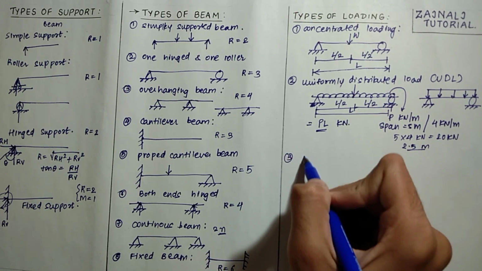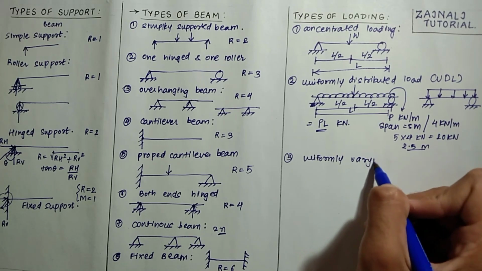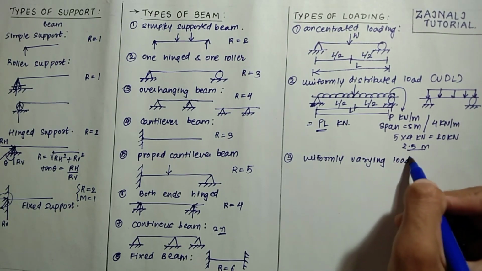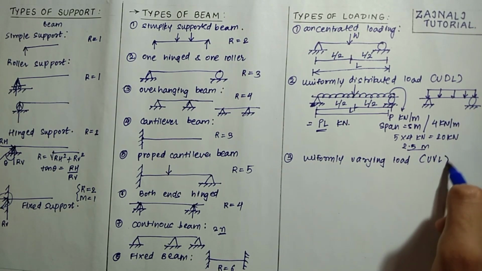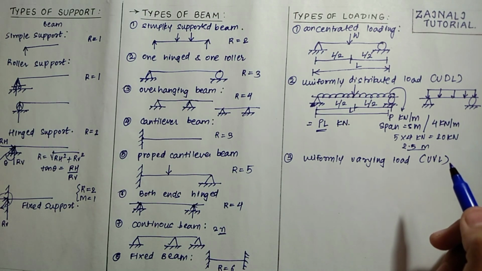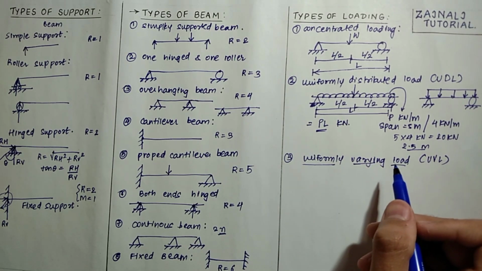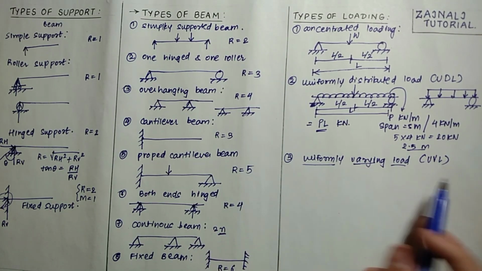Now the another type of load is uniformly varying load, regarded as UVL in short. In such a type of loading, the load varies uniformly from one point to the other point.